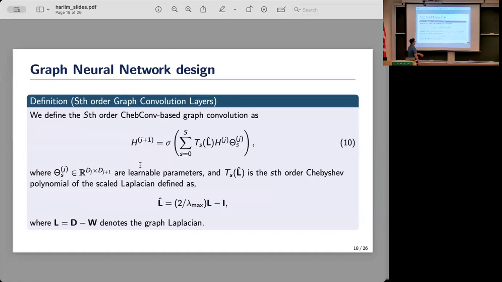In the paper, the explanation is that they scale it this way such that the spectrum is between -1 and 1, so that it coincides with the domain of the Chebyshev functions. Here L denotes the graph Laplacian, which is basically just D minus W.